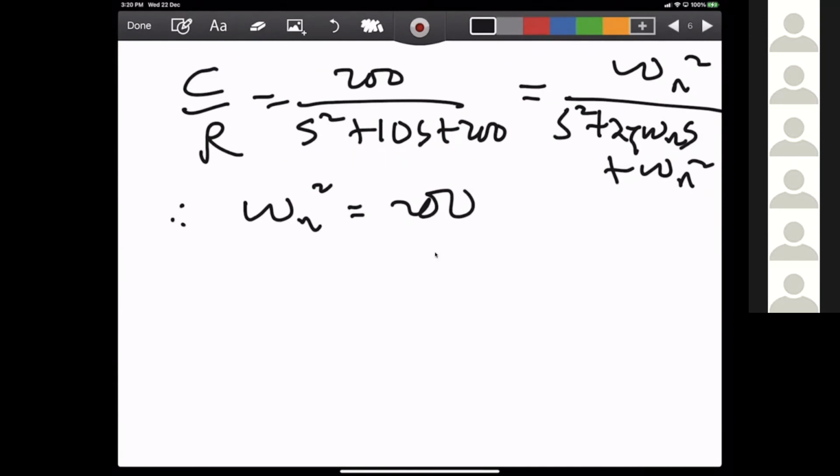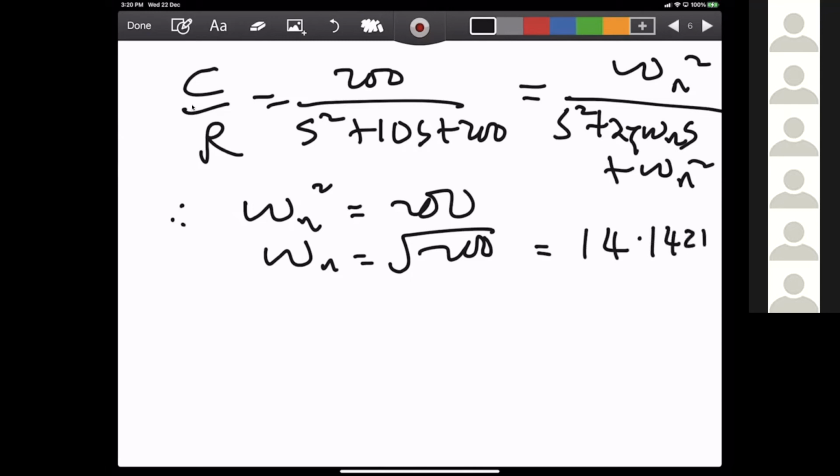Can you see what I am writing? Yes, Doctor. So omega n is square root of 200, which is 14.1421 radian per second.